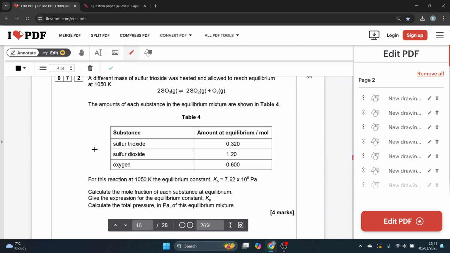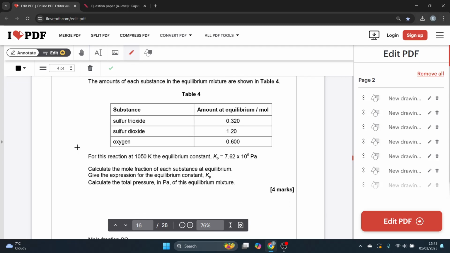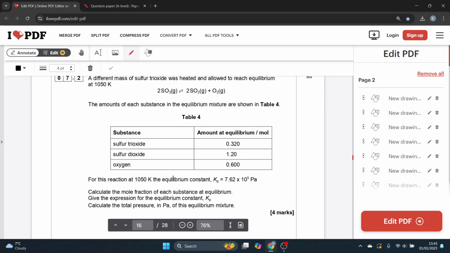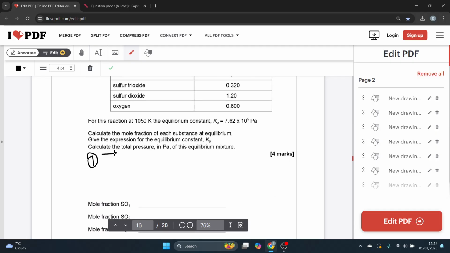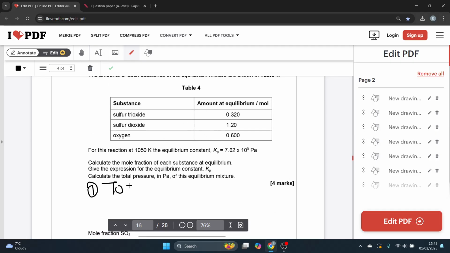Question 7.2, calculate the mole fraction of each substance at equilibrium, give the expression for Kp, calculate total pressure. So, first thing I would do is calculate total equilibrium moles. These are obviously the equilibrium moles.